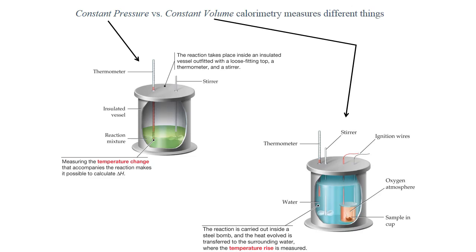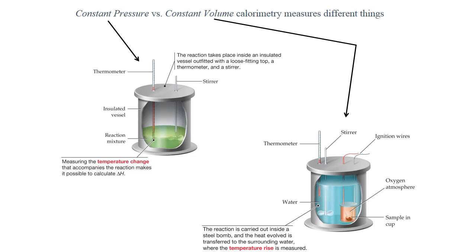Constant volume calorimetry is a little bit different. It uses what's called a bomb calorimeter, and it has a set volume that doesn't expand at all. There's just a different measurement made. This will help you determine the change in internal energy of the system rather than the change in enthalpy.